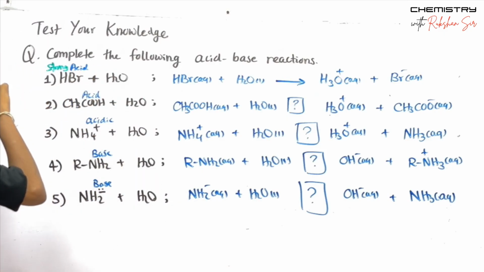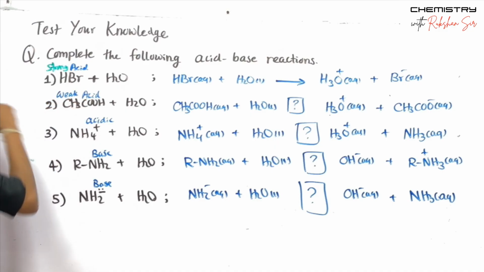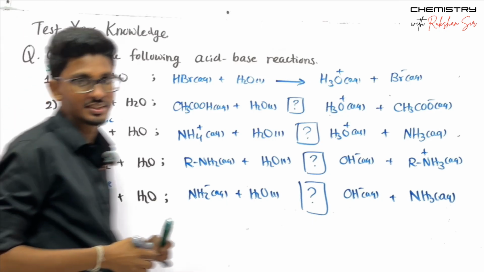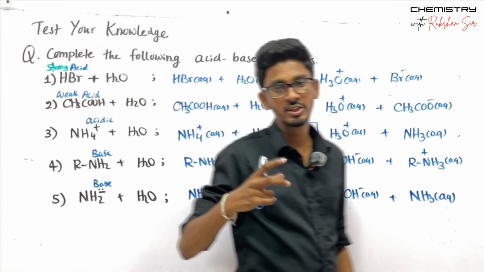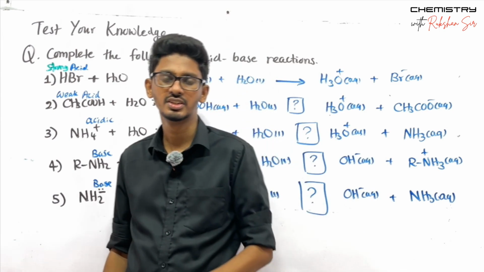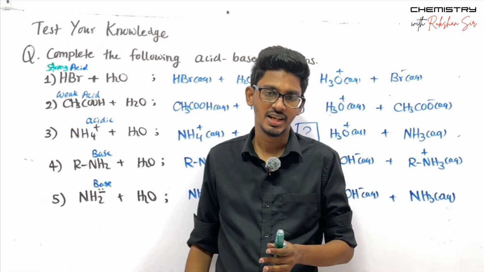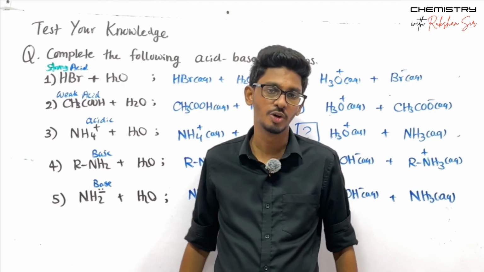CH3COOH, you know it's a weak acid, from small ages you know. All the organic acids are weak. We have two organic acids which are strong acids: CF3COOH and CCl3COOH.